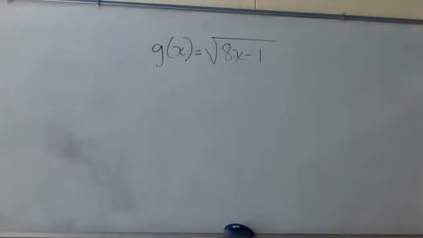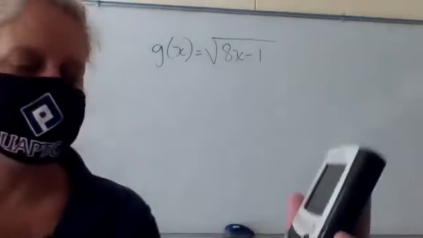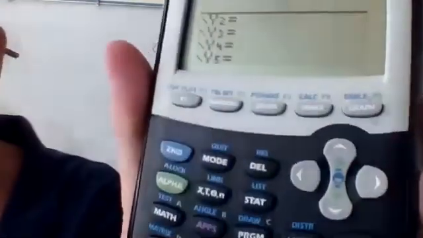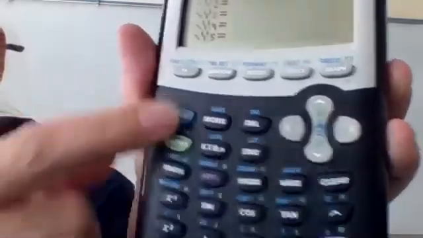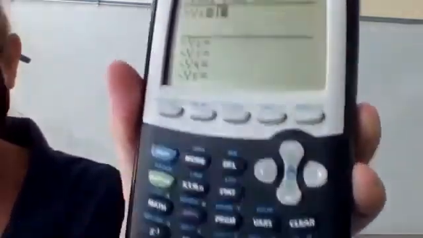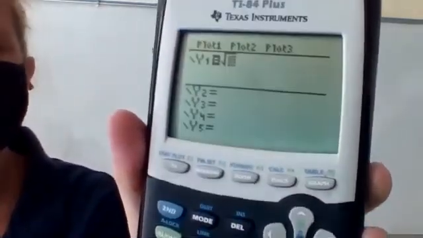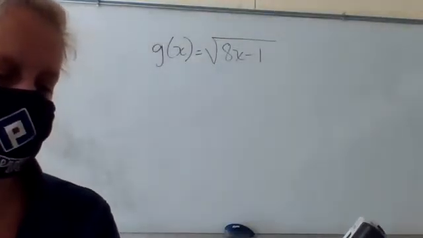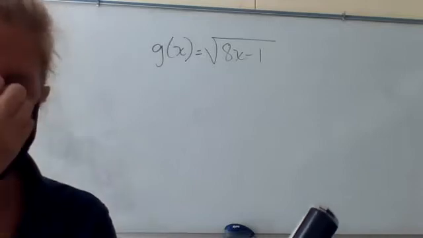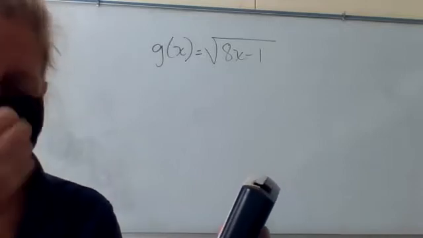Now remember, to type in square root, your square root function is right above your x squared. So there's your square root, which means you need to hit the second square root. That gives you your little square root in your y equals, and put in 8x minus 1. 8x minus 1. And let's graph it.